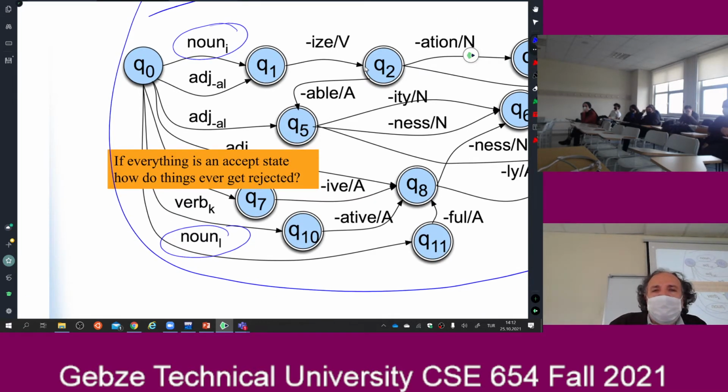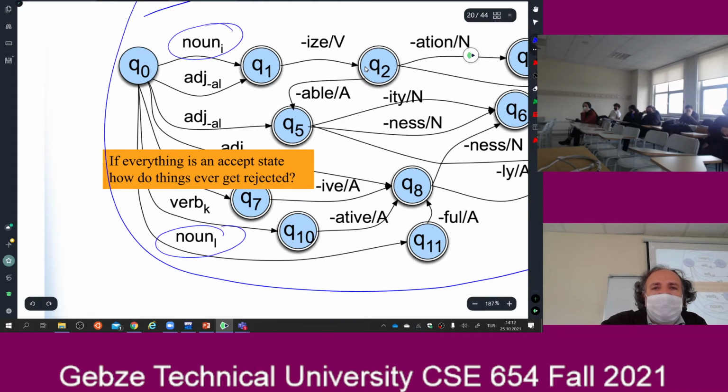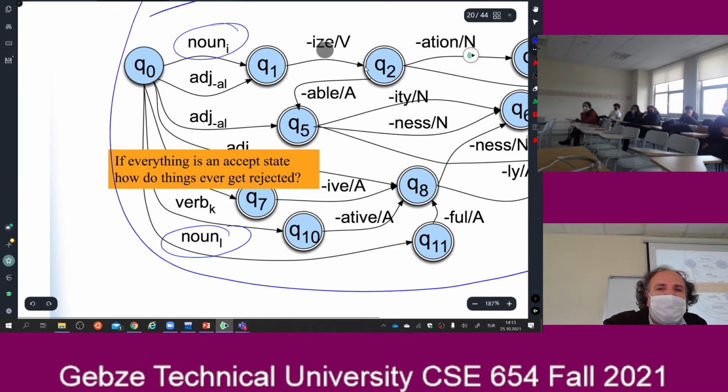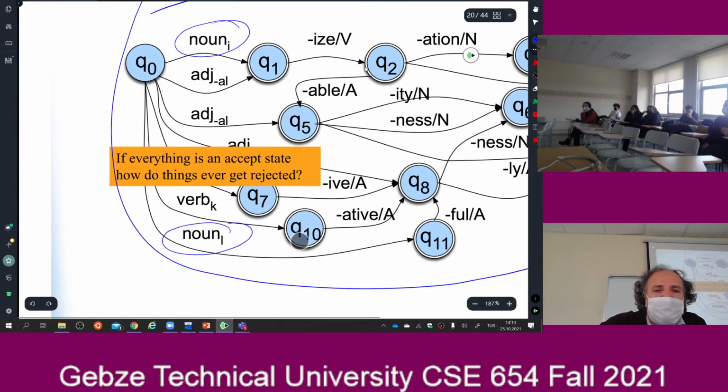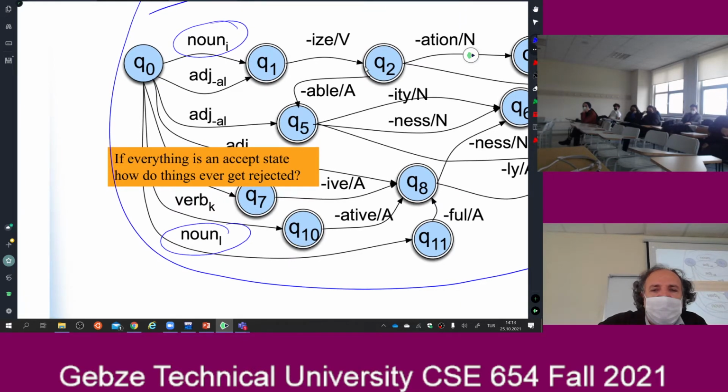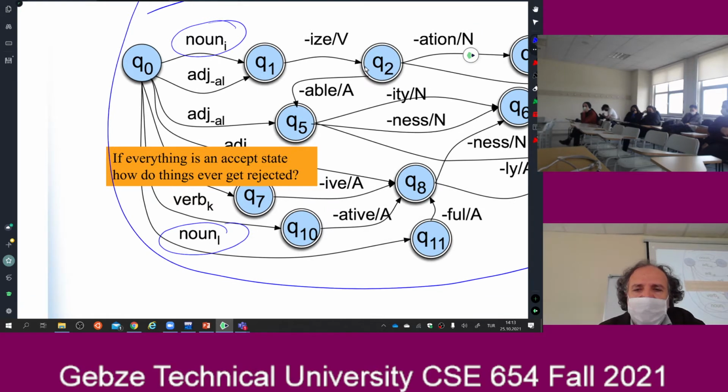Okay? So these are the nouns that I can add this suffix to the end, and these are the nouns that I can add -tive to the end. Tell me, I think it becomes an adjective, right? Tell me an adjective that ends with -ative, attentive, right? Attend. Attend is a verb.